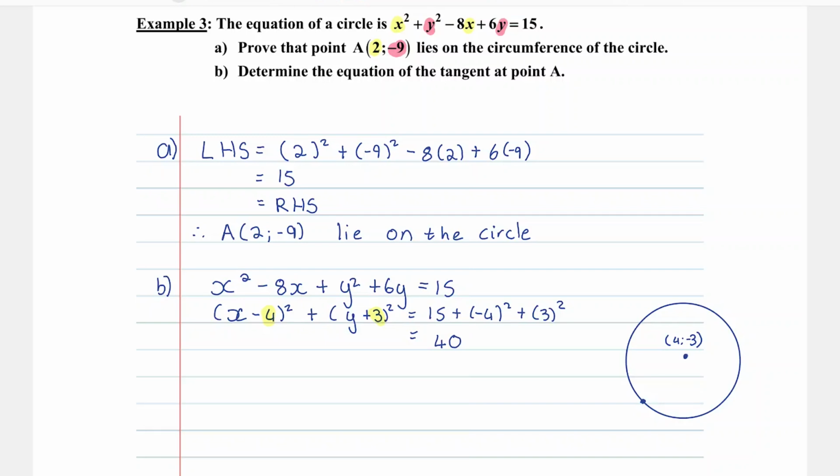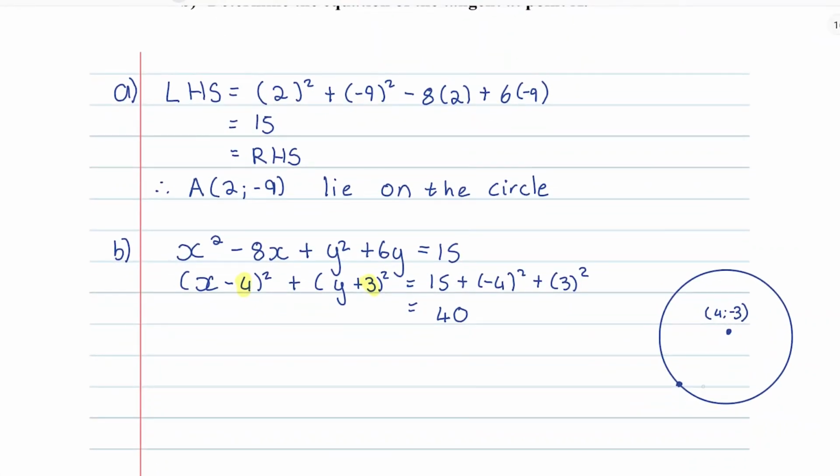Let's draw it a little bit to the side. We're trying to find the equation of the tangent to the circle at point A. So we're trying to find the equation of that line.